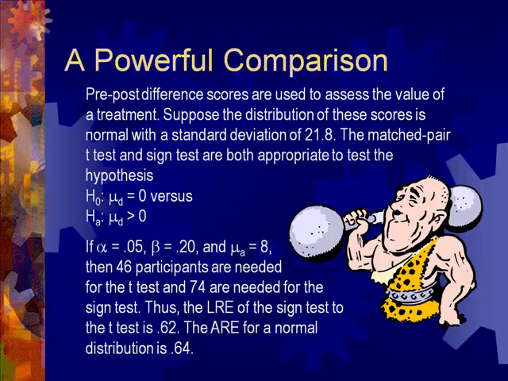And in this class, rather than computing local relative efficiencies for each test that we do, what I'm going to do is focus on asymptotic relative efficiency, because we know that gives us good principles for determining the relationship of one test to a possible competitor test. I'd like you to know about both local relative efficiency and asymptotic relative efficiency, but when I make comparisons, I'm typically going to focus on asymptotic relative efficiency.